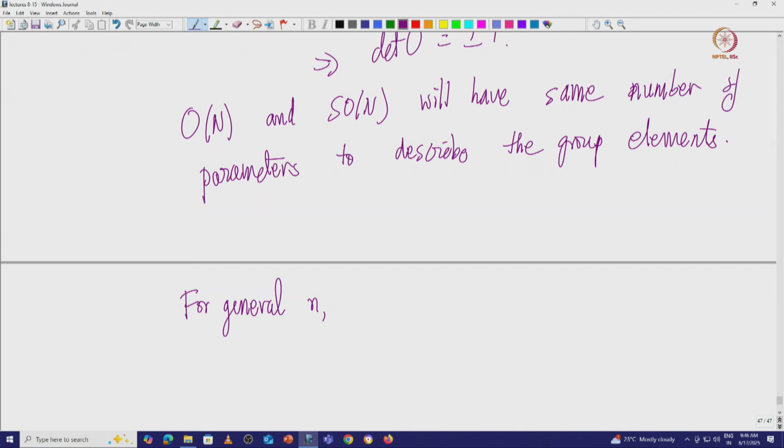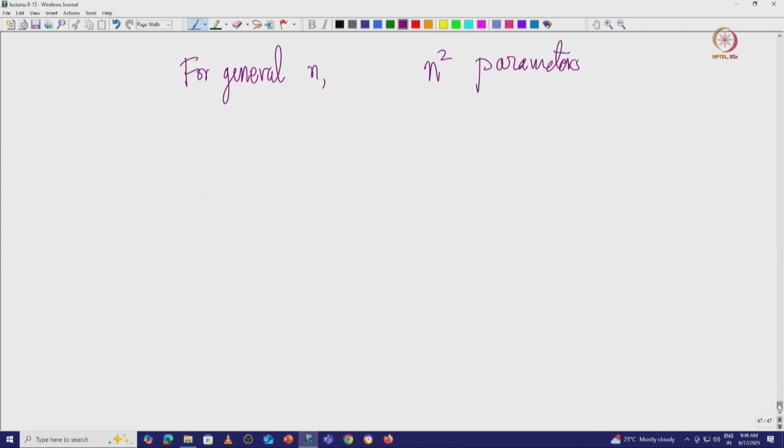Okay, so for a general n square parameters, now you also have n into n plus 1 by 2 conditions.